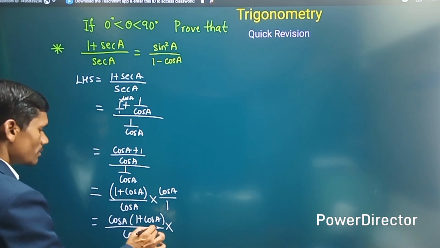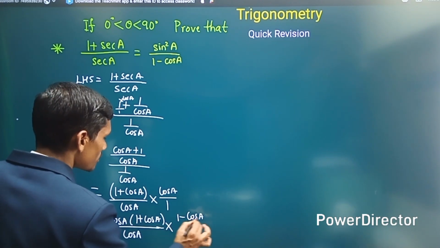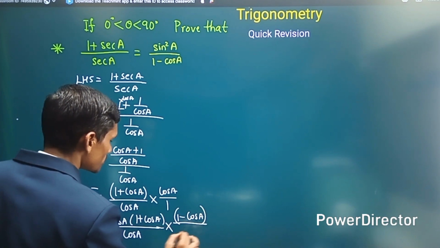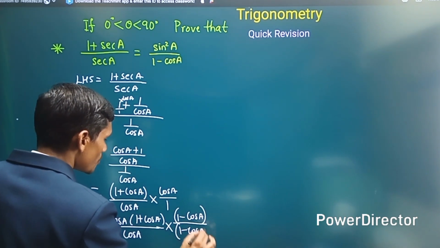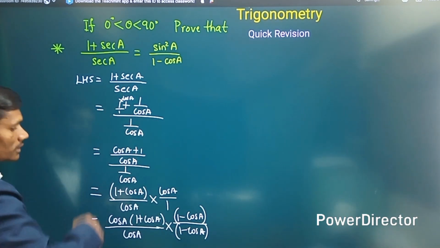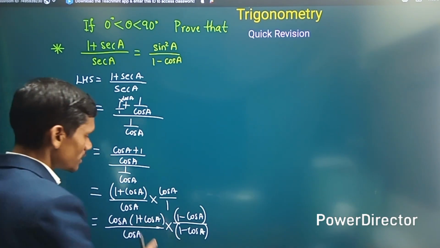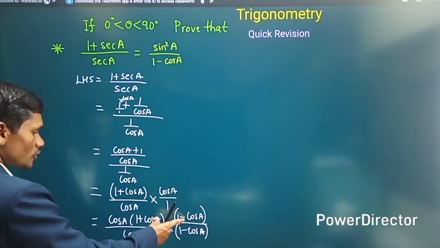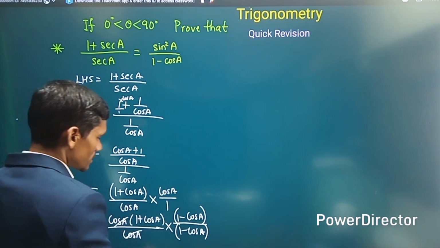Into you multiply 1 minus cos A to the numerator and denominator, because the reason is we need to get the sine square there. So only if you multiply a plus b and a minus b, you will get a square minus b square. That is 1 minus cos square. 1 minus cos square will be equal to sine square. That is why we are taking that. This it gets cancelled, right?